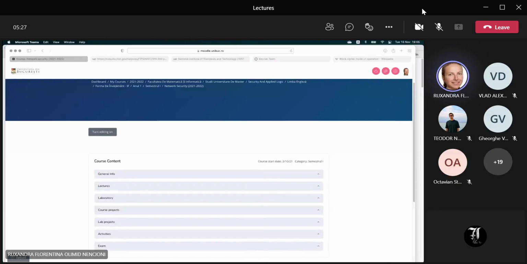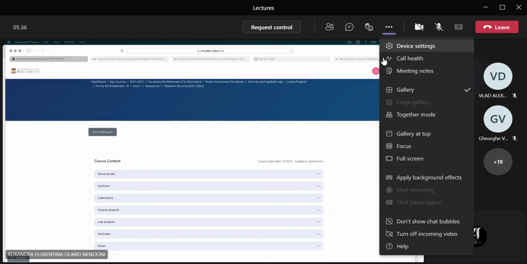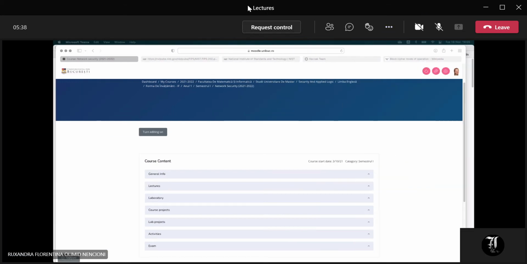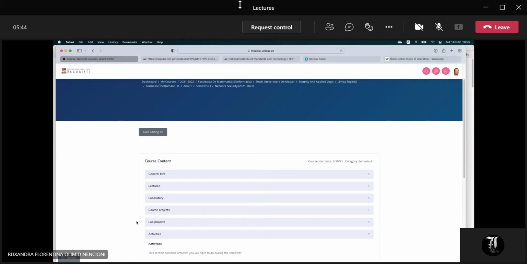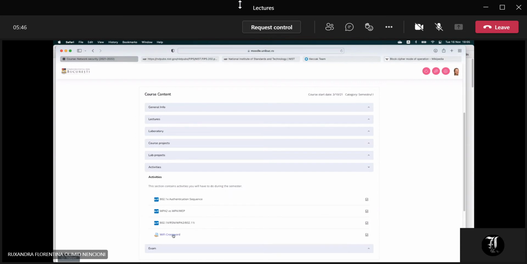Like always, I will start with what we talked about last week. If you remember, we did some exercises from last year's exams. I also asked you to fill in this Wi-Fi crossword that counts for your activity during the lectures.